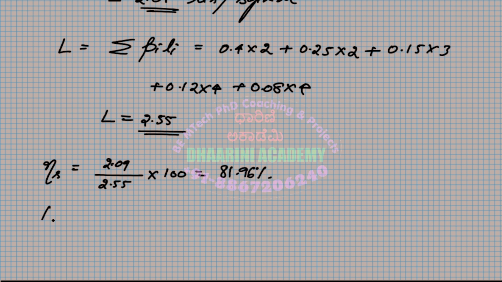So this means I have a redundancy equal to 100 minus 81.96, so that is 18.04. Okay, this is the required answer.